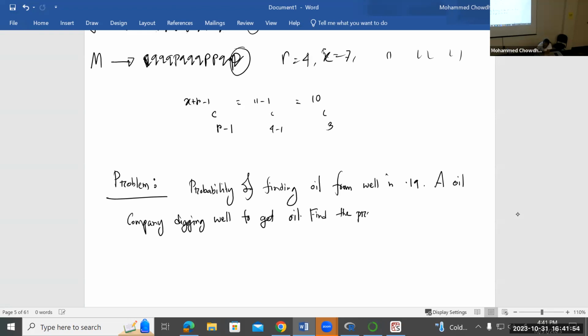Find the probability that the nineteenth well needs to be dug until 7 wells give oil. Are you understanding?